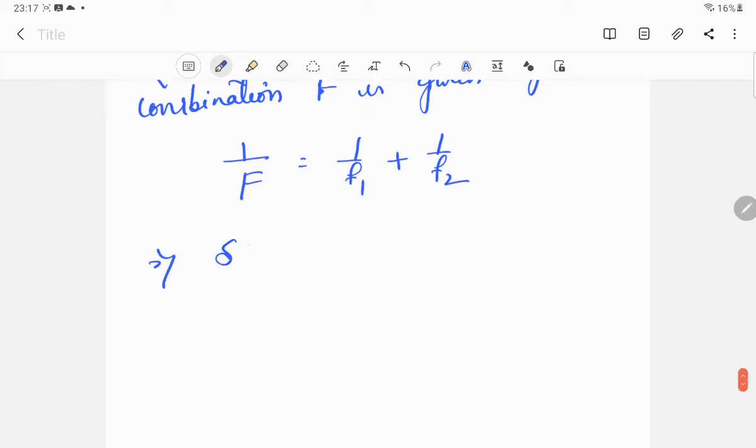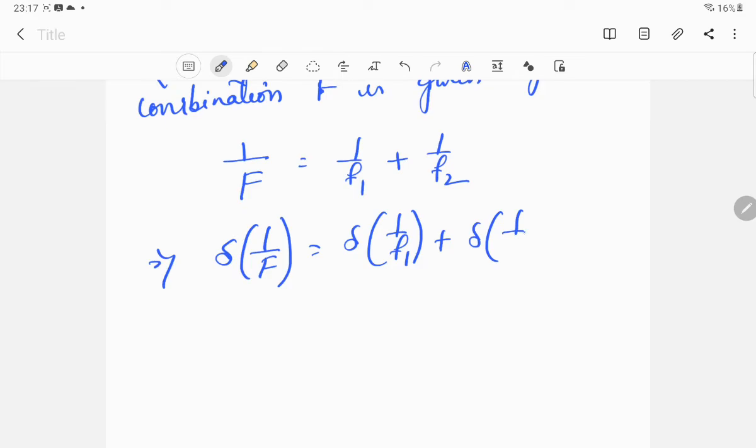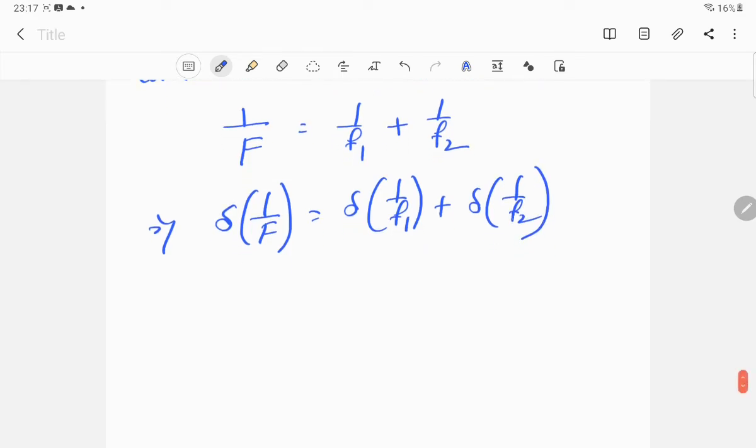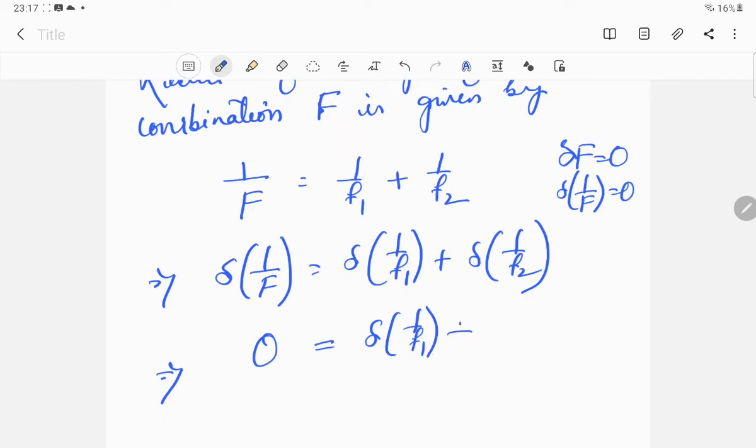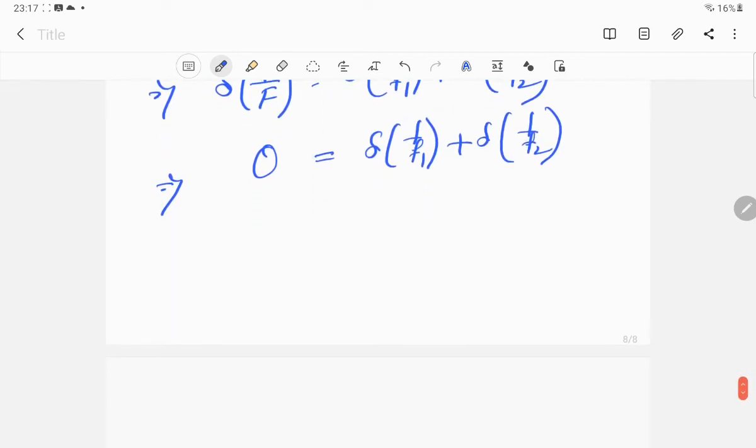So obviously del of 1 by f is equal to del of 1 by f1 plus del of 1 by f2. All right, since it is an achromatic system, I told you that del f is equal to 0. So del of 1 by f also equal to 0. So this side will be equal to 0. So del of 1 by f1 plus del of 1 by f2, that's what remains.